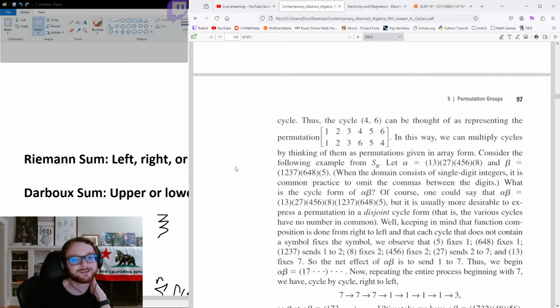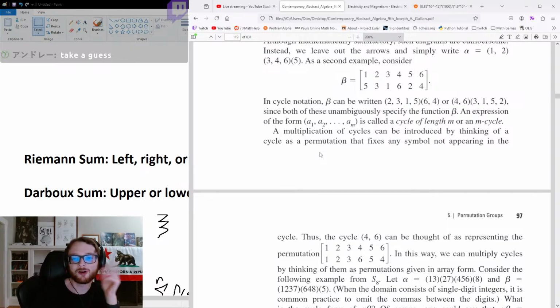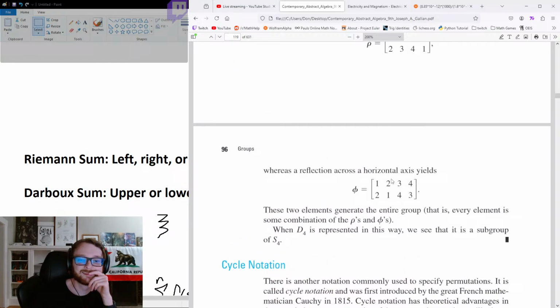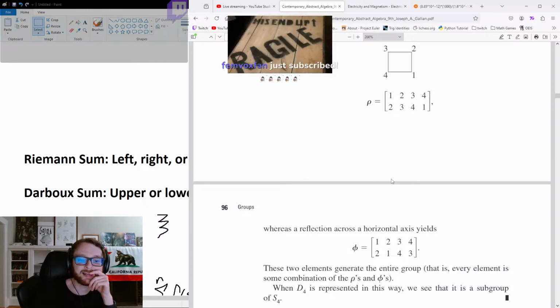Take a guess. Well, if there's overlap in the numbers, well, no, but then they'd be the same cycle.